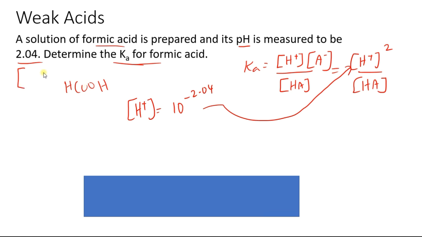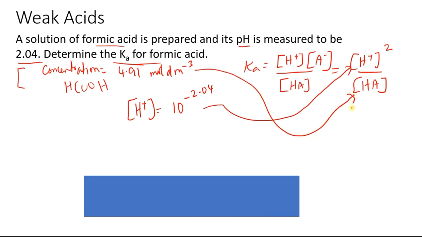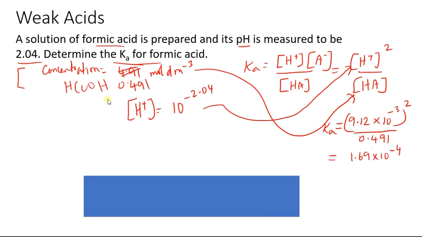The concentration of this acid is 4.91 mole per dm cubed. Right, I made a mistake with the concentration, it's actually 0.491. So you just have to substitute that over here.